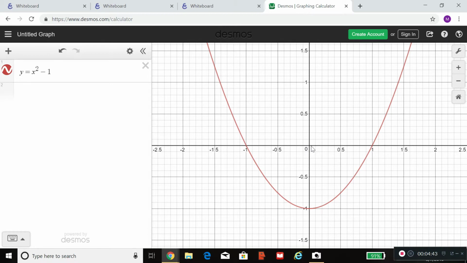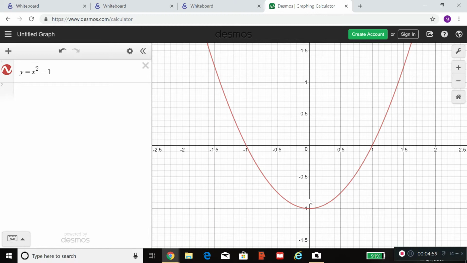So you can see it's kind of curving around, kind of a point right around there, and this has this vertex at minus 1.